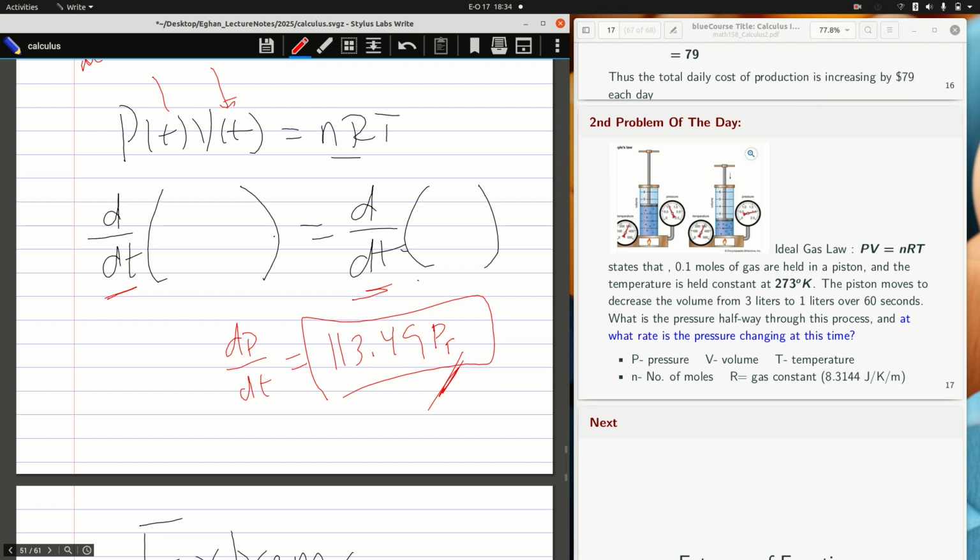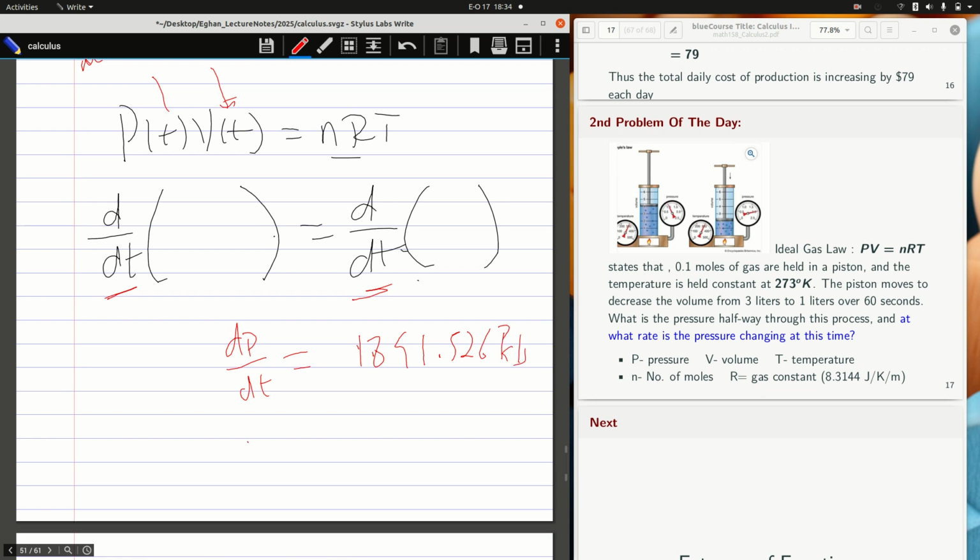In the actual dP/dt, I'm supposed to get 189.526 Pascal. Alright. But to have the halfway in the container, then I'm going to get 113.49 Pascal. So you want to verify these answers for me.